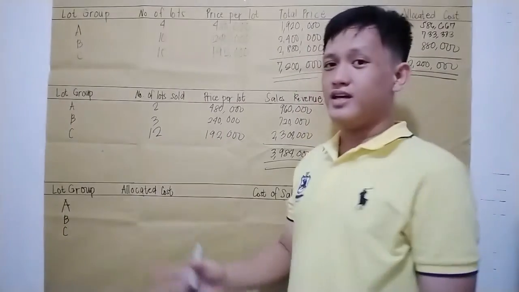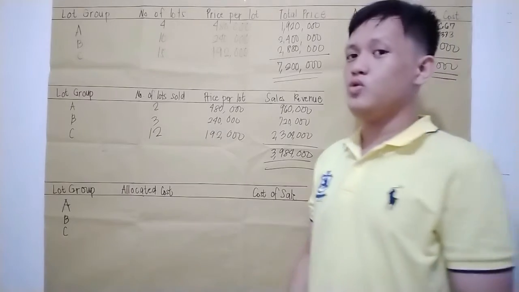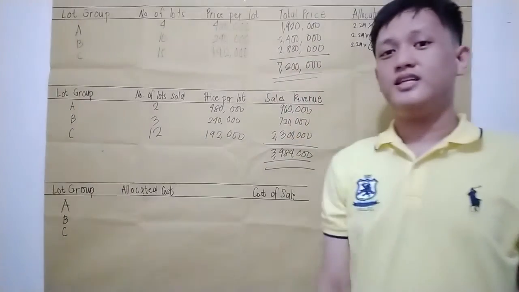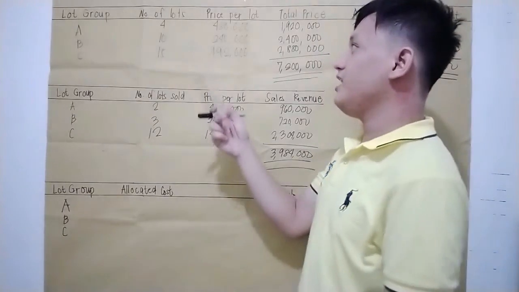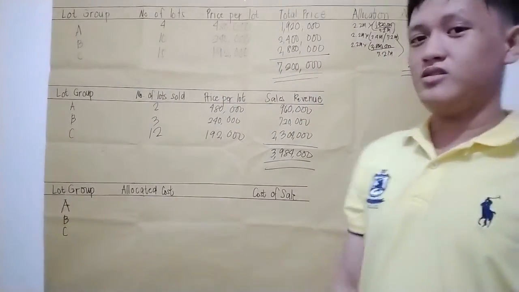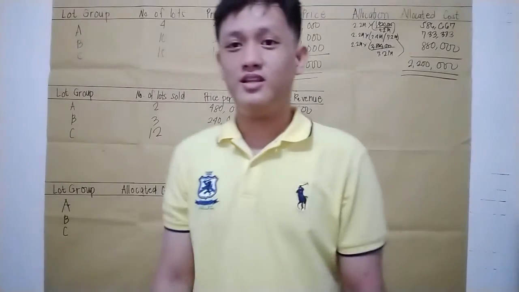So next is to get the cost of sale. To get the cost of sale, we need to multiply the allocated cost by the number of lots sold and divide it by the number of lots. Our allocated cost, which is our first solution, is the 2,200,000.